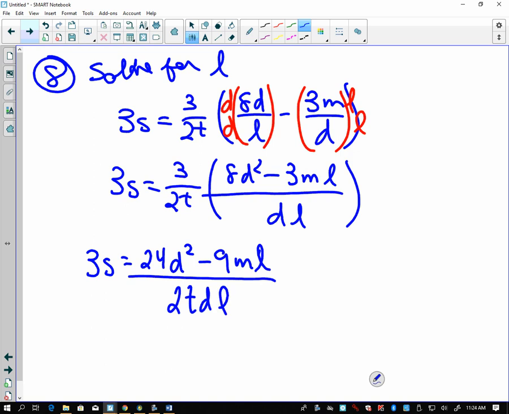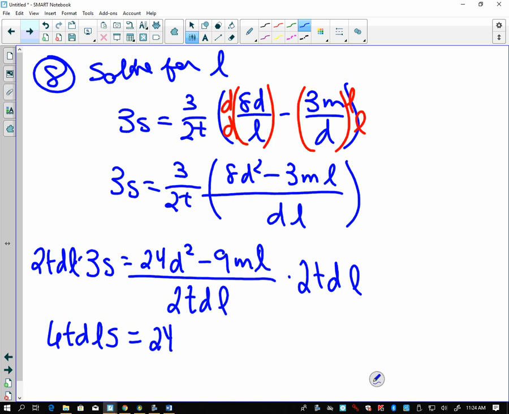Now, I want to get everything in a numerator position, so I'm going to multiply both sides by 2tdl. That's going to give me, on the left-hand side, 6tdls. Right? Really long deal there. Equals 24d squared minus 9ml.